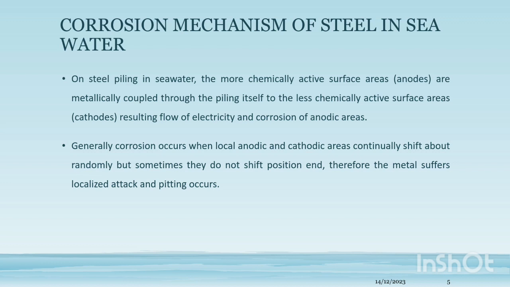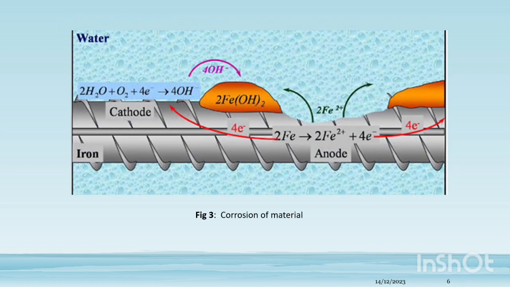Generally, corrosion occurs when local anodic and cathodic areas continually shift about randomly, but sometimes they do not shift position and therefore the metal suffers localized attack and pitting occurs. Here is the corrosion of material.